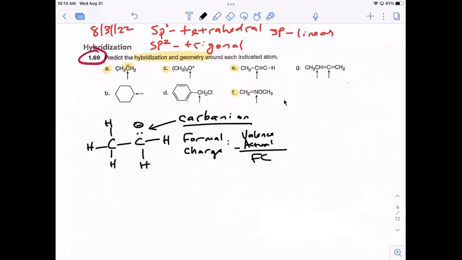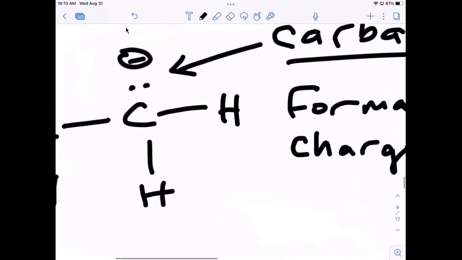First, what's valence? How do we determine the number of valence electrons for any atom? Its location on the periodic table. The atomic number tells me how many electrons it has.